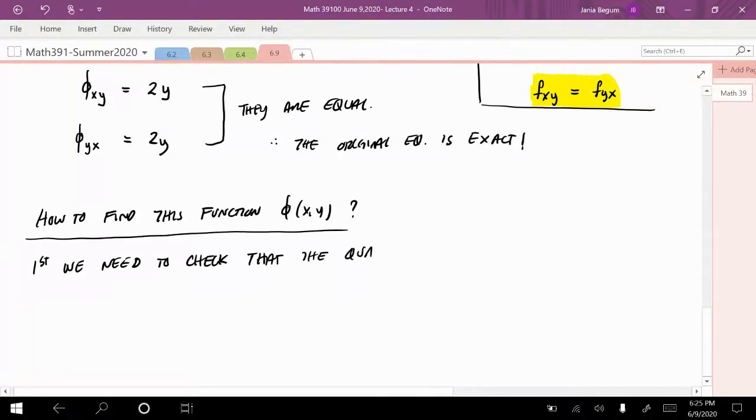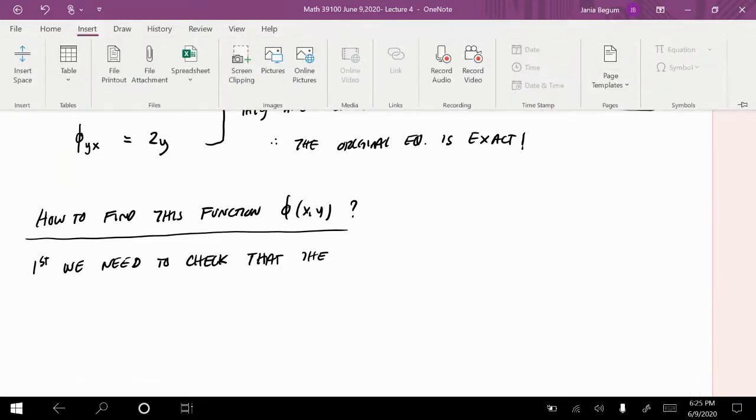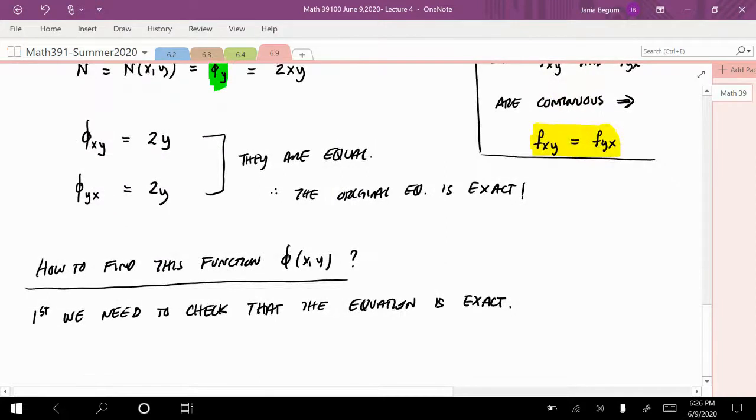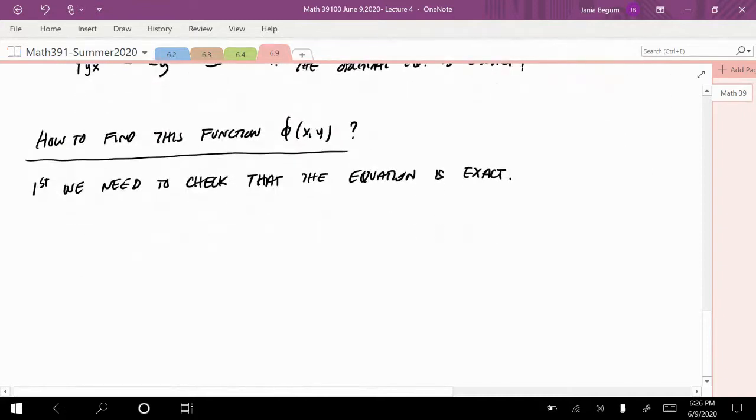So if it is exact, then we can use this method. So first you want to check that the equation is exact. Okay, and how do we check that? I just showed you, you show that the mixed partials are equal, but I'm going to write it in more detail as we go along.